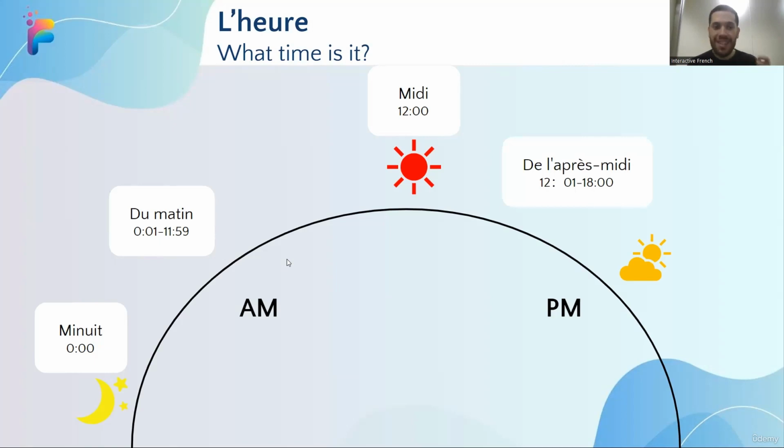Now, if we want to say in the afternoon, we would say de l'après-midi, okay? De l'après-midi. L'après-midi is literally the afternoon, okay? So if it's 1 in the afternoon, you can say il est 1 heure de l'après-midi, il est 6 heures de l'après-midi if it's 6 p.m., and so on and so forth, all right?